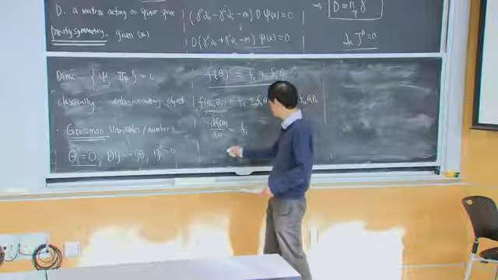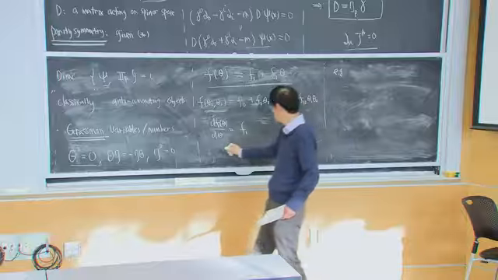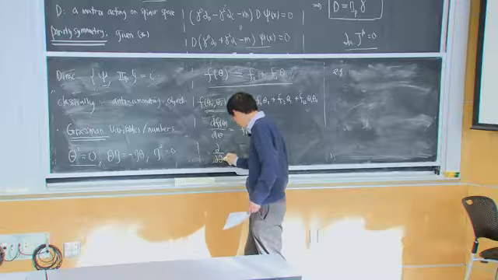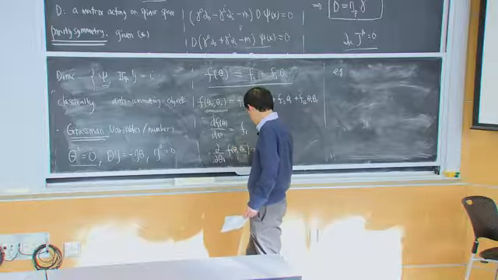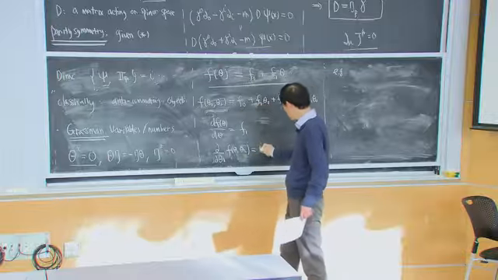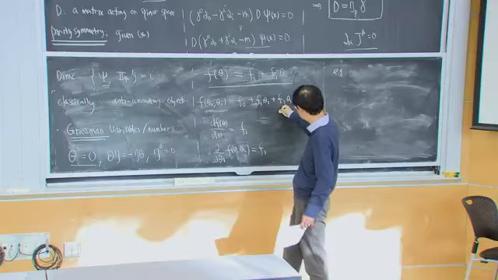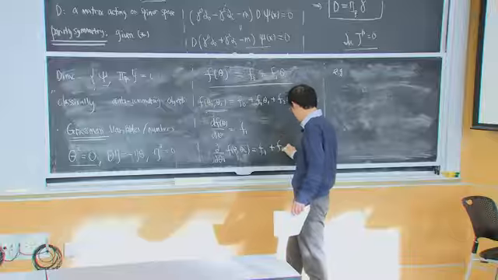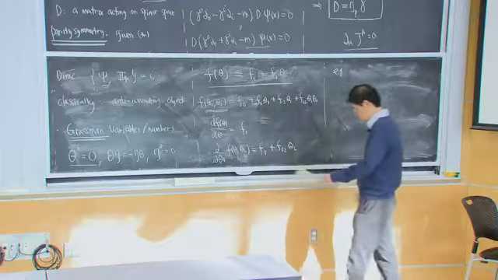For example, if you take the derivative with respect to theta 1 from the left on f0 plus f1 theta 1 plus f2 theta 2 plus f12 theta 1 theta 2, the first term is 0. This term gives us f1. The term with theta 2 does not depend on theta 1, so it is also 0 when we take the derivative. And here we have theta 1, so we get f12 theta 2. This is the derivative from the left.